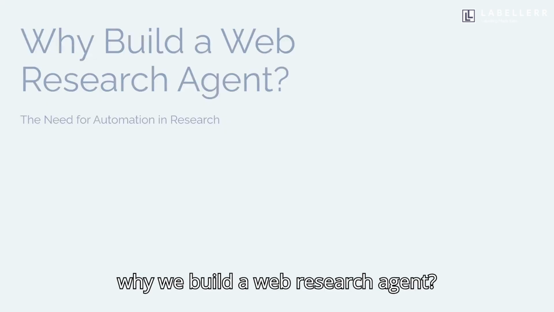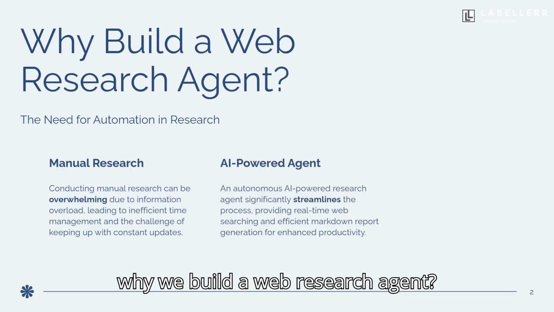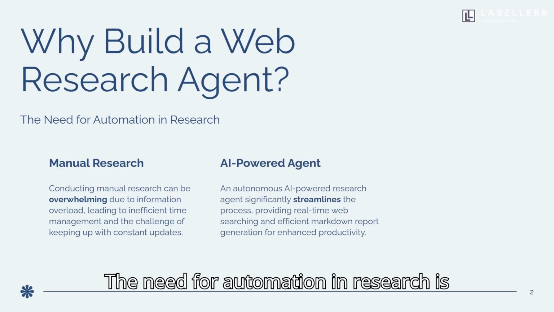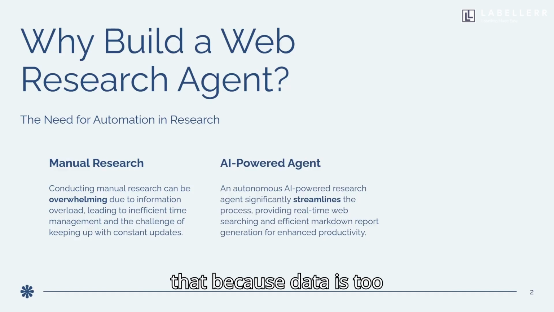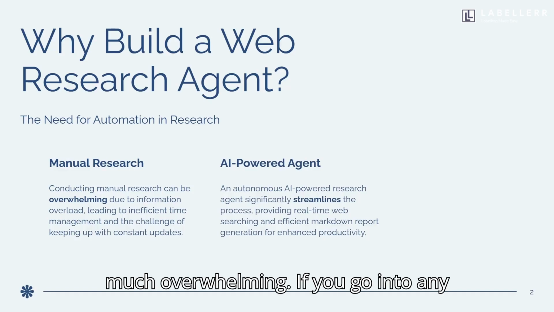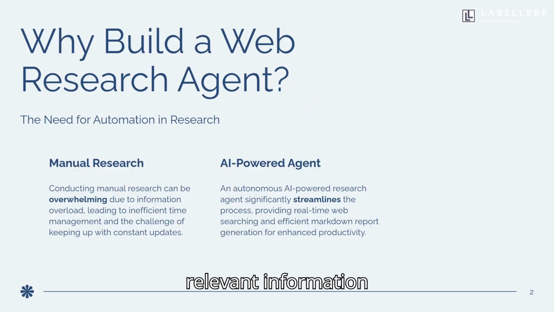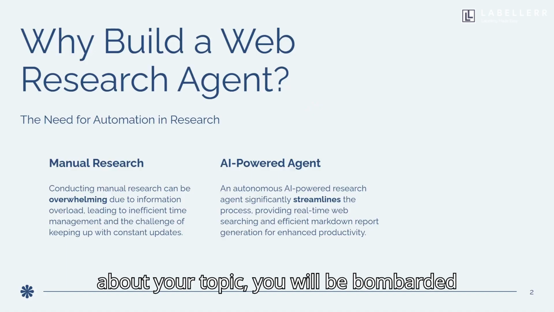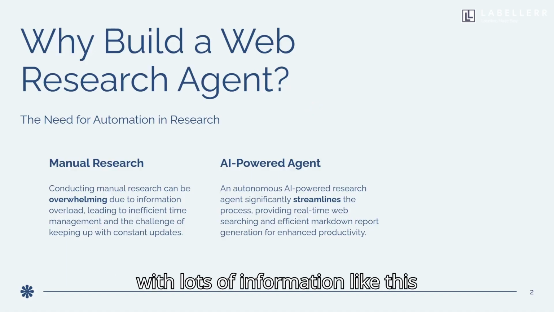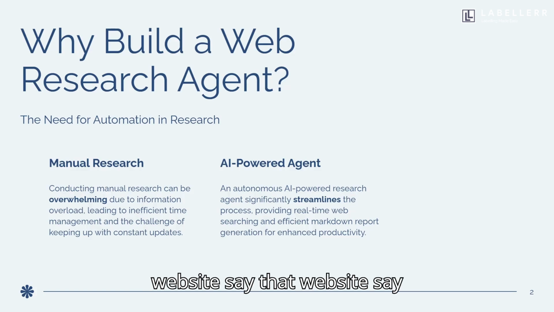So why do we build a web research agent? The need for automation in research is that data is overwhelming. If you go into any website right now and try to find the relevant information about your topic, you will be bombarded with lots of information, like this website says this, that website says that, XYZ.